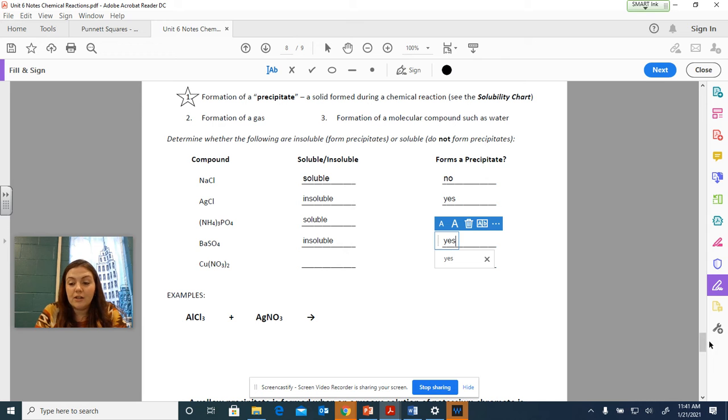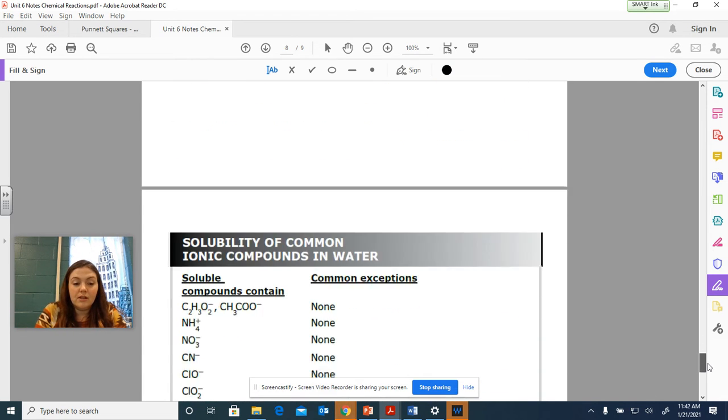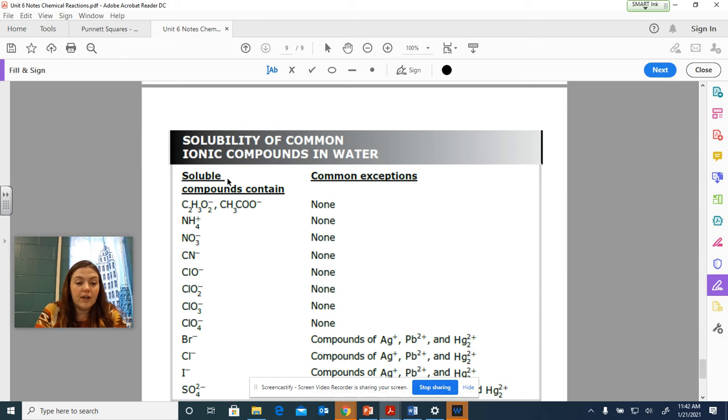All right, nitrate. Now, nitrate is one that you should start noticing. That's NO3. Nitrate is at the top where it's soluble and it's always soluble. So there's literally nothing to be mixed with. If you start noticing some of these that don't have exceptions, then you can kind of quit looking. So ammonium, always soluble. This acetate, sometimes written like this or this, but that's acetate, and cyanide, and then all the types of chlorine.